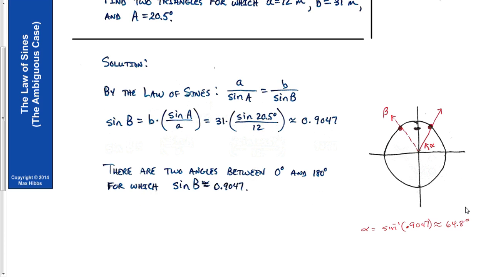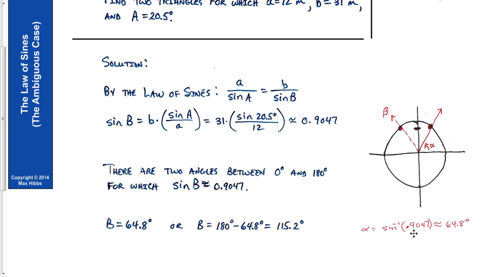Now, the next issue is when we go about using the inverse sine key. To find B, we'd say B is the inverse sine of 0.9047. Notice I didn't call it B here.